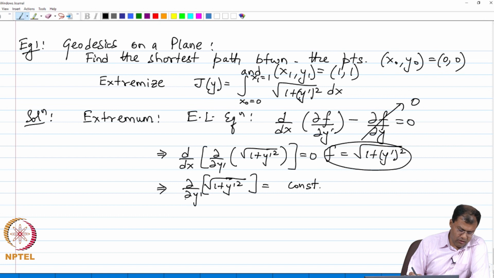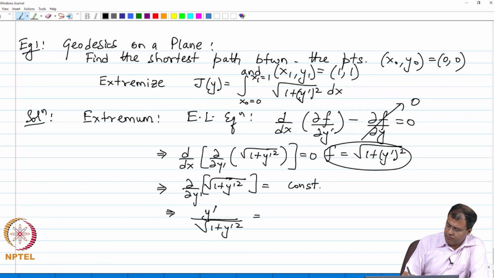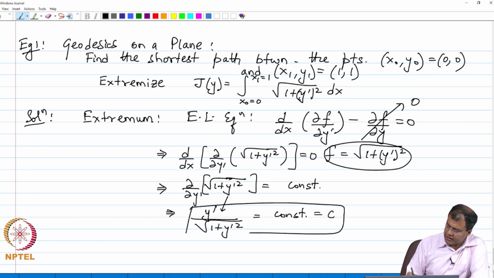Once we differentiate this expression with respect to y prime, we see that this is y prime divided by square root of 1 plus y prime square. After taking the necessary derivative, this is also equal to the same constant, let us denote it by c.